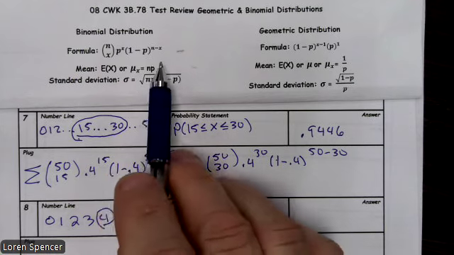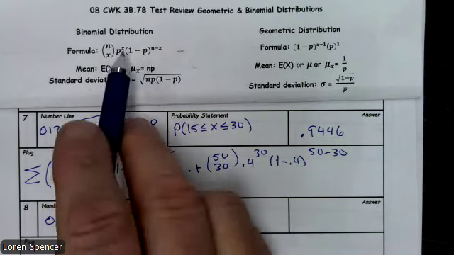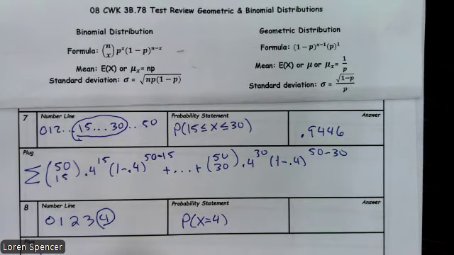Well, that makes it nice because from a formula standpoint, I just have to use that. In this case, it'll be 4 choose 4, then 0.4 to the 4th times 1 minus 0.4 to the 4 minus 4.